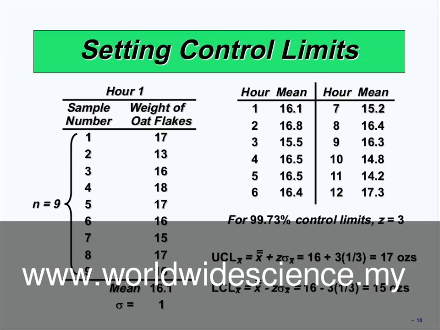When it measures the 20 t-shirts, it should write down, for example, that in the first hour the mean of the 20 t-shirts is, for example, 12. In the second hour, the mean of the 20 t-shirts is like this. In the third hour, the mean is like this.